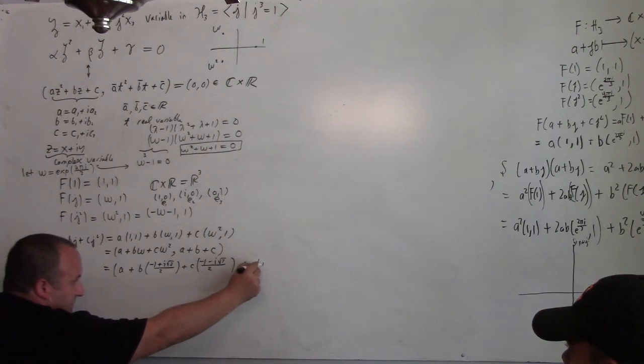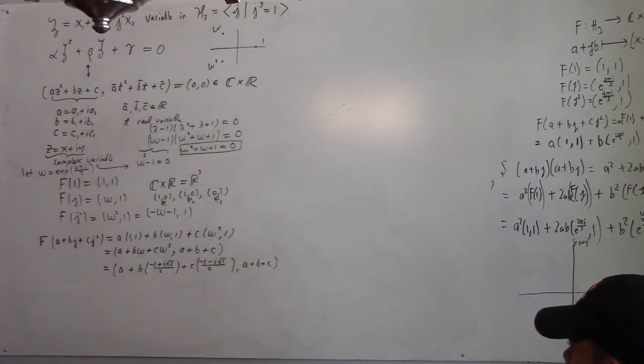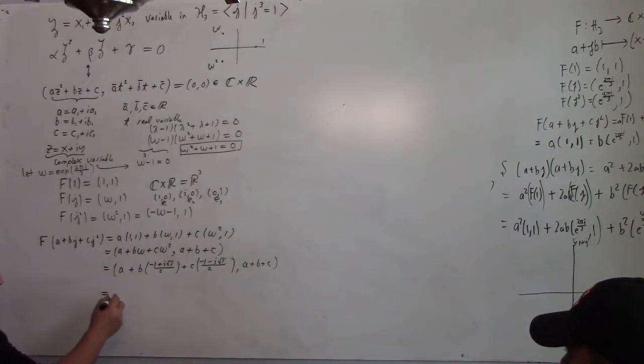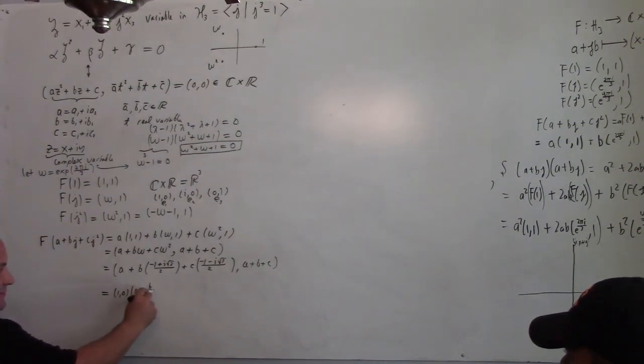And then a plus b plus c. And so that is 1, 0 times a minus b over 2 minus c over 2.